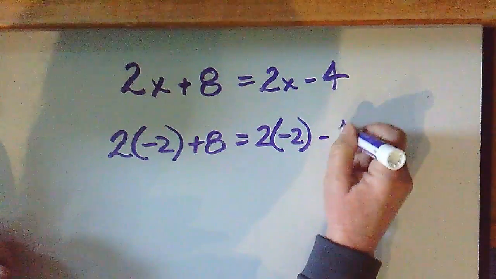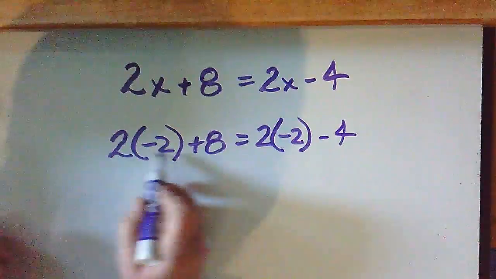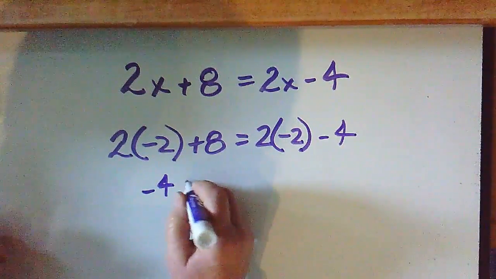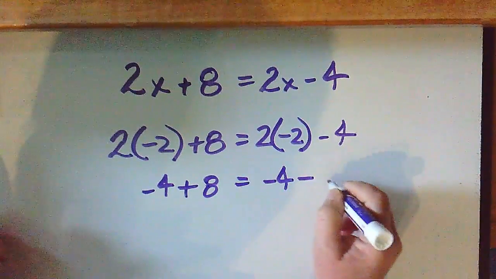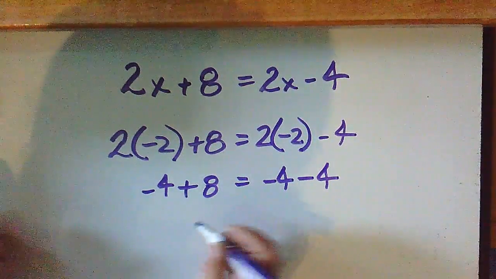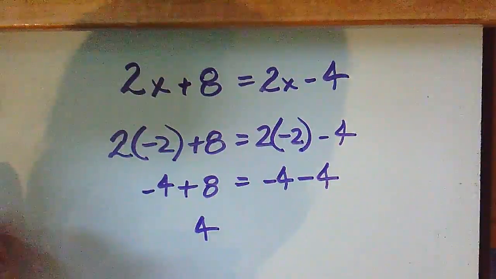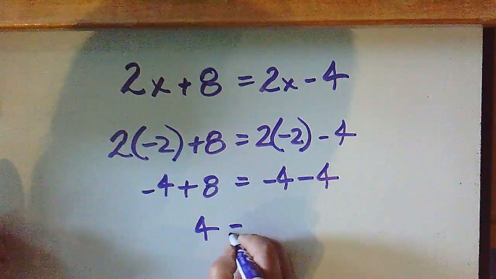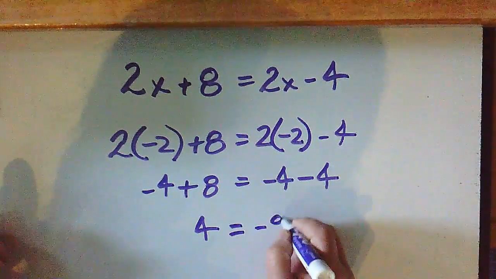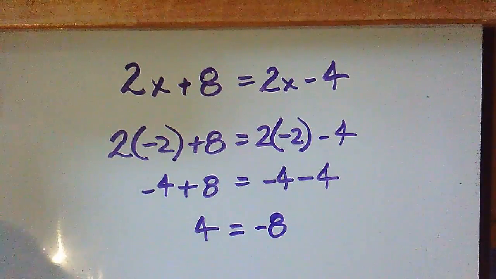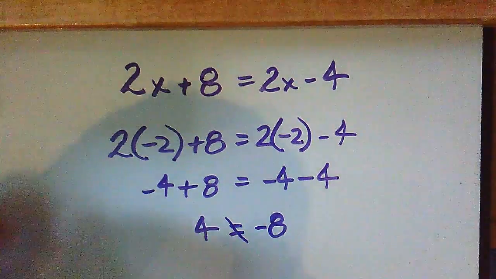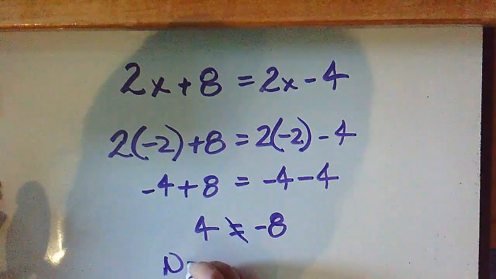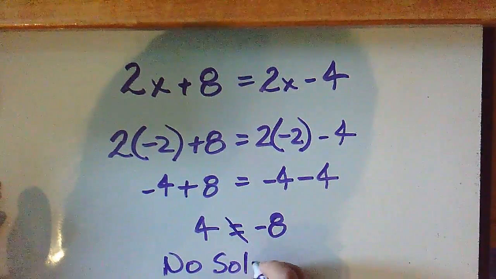Here we have negative 4 plus 8 equals negative 4 minus 4. Well, negative 4 plus 8 is positive 4. Negative 4 minus 4 equals negative 8. Never going to be true. This identity, you say, is no solution.